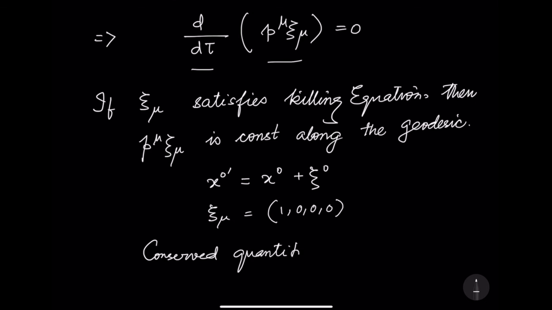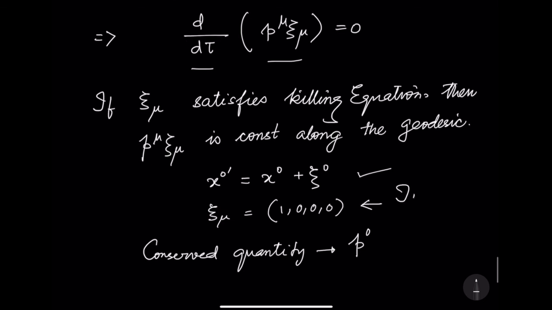Well, when I contract it with P, the only thing that I will get is P0, which is essentially energy. So you get back the old thing that x0 is the time component. If there is an isometry along the time component, there is a time-like Killing vector. Then the energy is conserved along the trajectory.